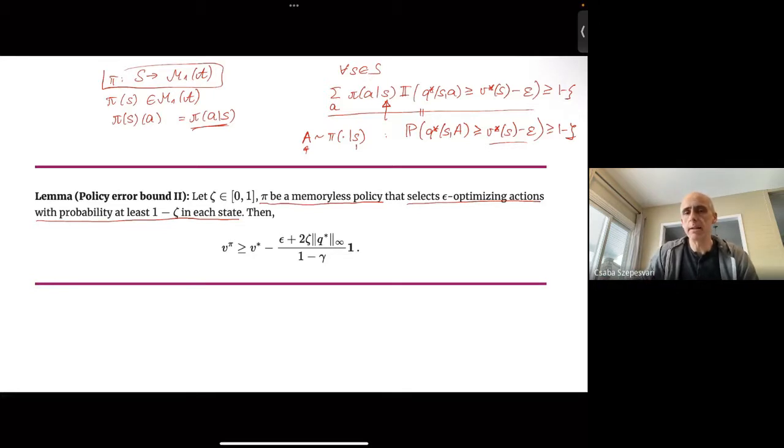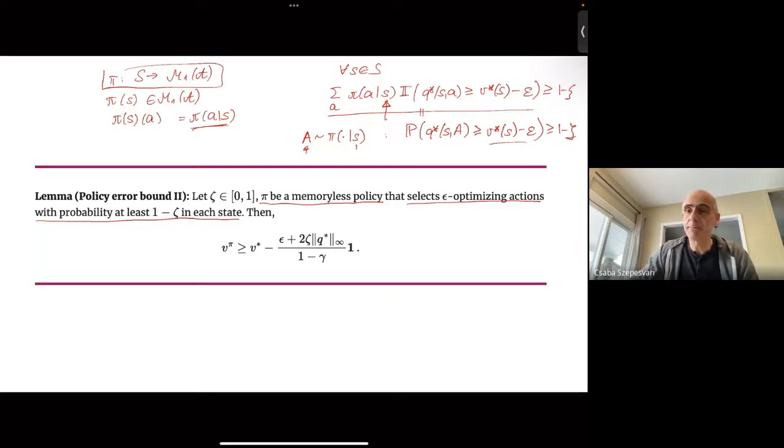And altogether, this can happen many times. There could be many mistakes. And if you use the policy for a long time, surely there is a chance that a mistake happens, like a non-epsilon optimal action is going to be chosen, surely in a long enough trajectory, this is going to happen. Infinitely long trajectory, it happens for sure.